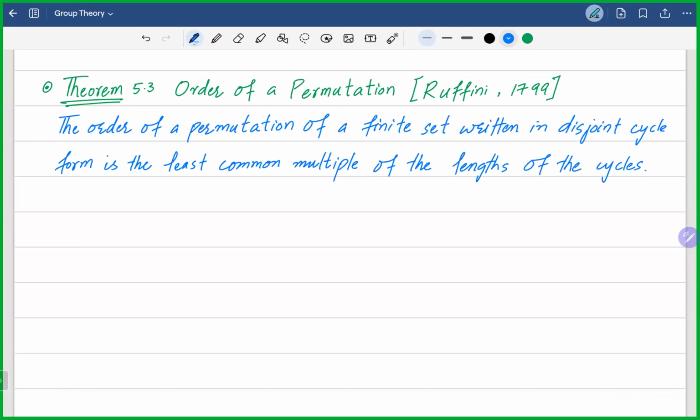Now, here we use a number theory argument, so we'll leave the proof for this one.